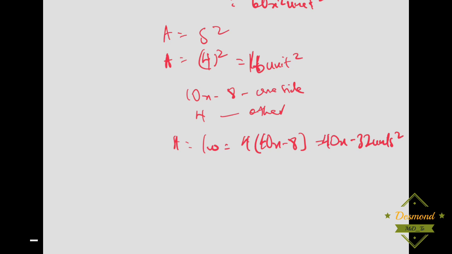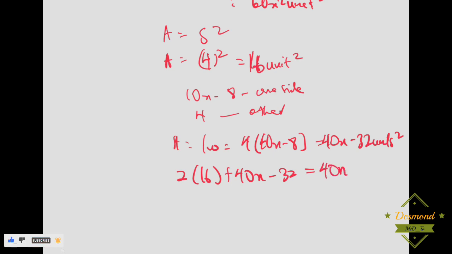So the region that must be subtracted has an area of 2 multiplying 16 plus 40x minus 32, which when you summarize everything, you should get 40x units squared.